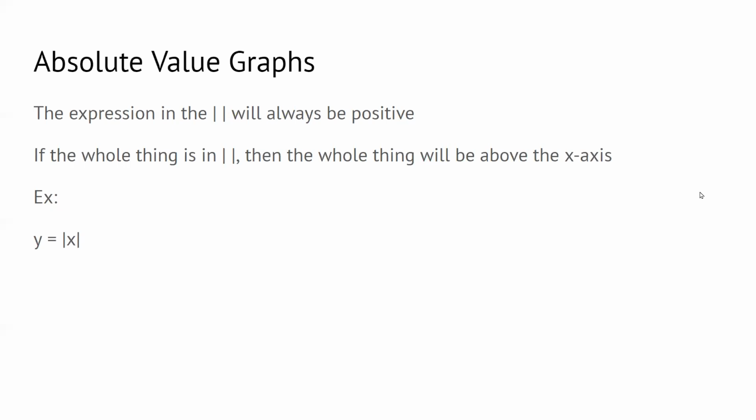So once again, absolute value just measures the magnitude, the distance from 0. So that distance will always have a positive value. So if we look at the graph y equals absolute value of x, it'll have a V shape.